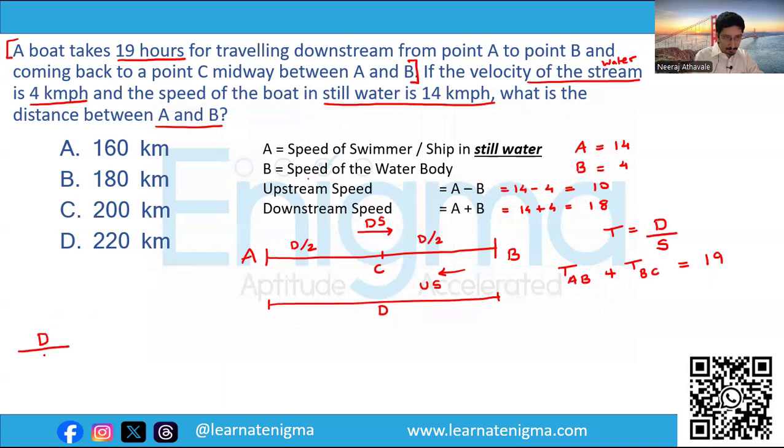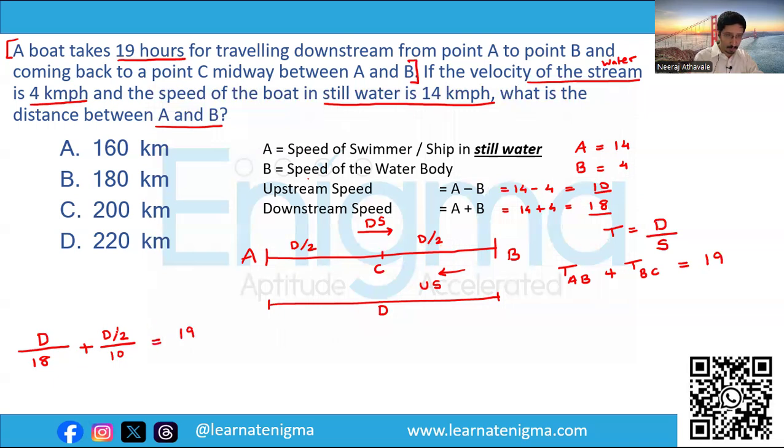D upon downstream speed, that is 18, plus time of BC travel. Now the BC distance is D by 2 divided by upstream speed, that is 10. So D by 2 upon 10. This is equal to 19.